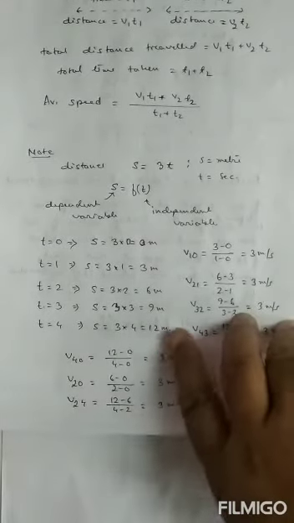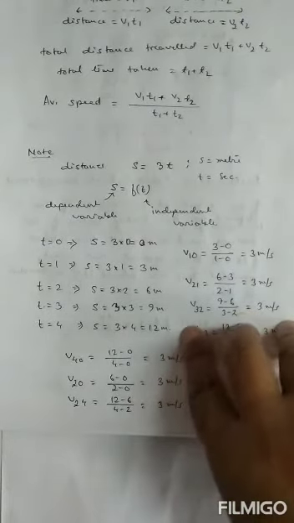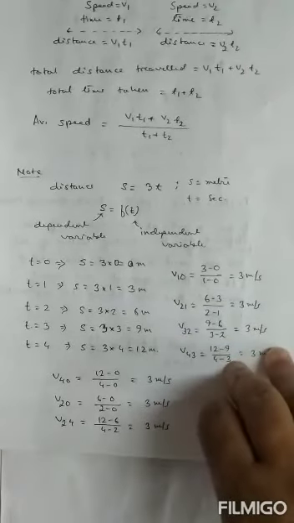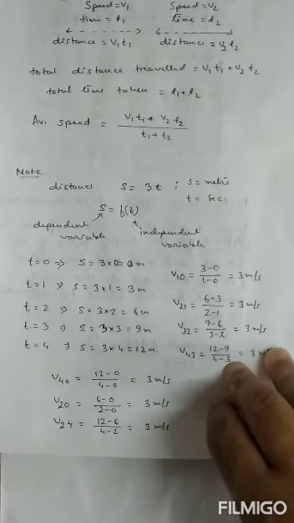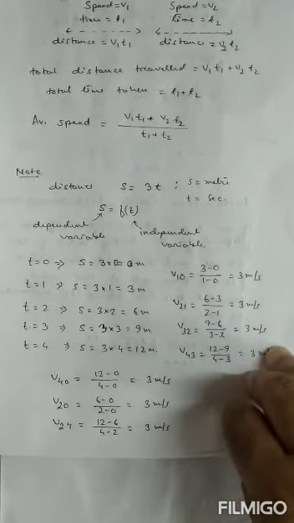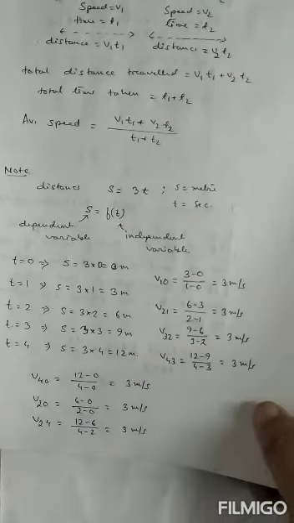In the definition we say, if a body covers equal distance in equal interval of time, whatever small the time interval may be, the speed of the body is said to be uniform speed.